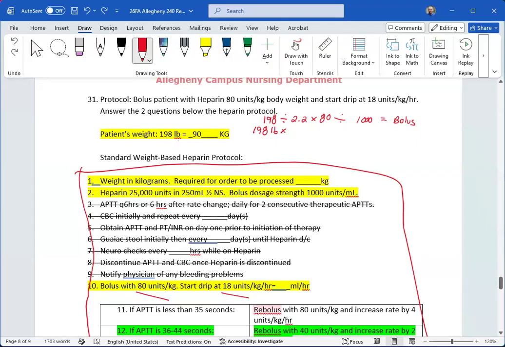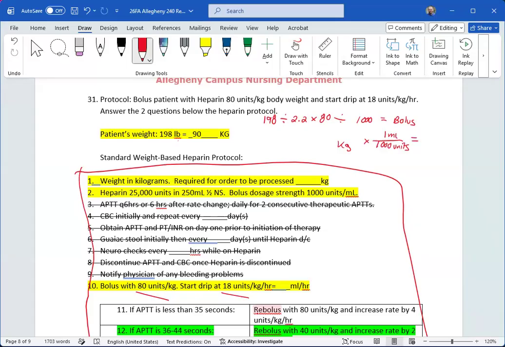So I'm going to take my 198 pounds times my 1 kilogram per 2.2 pounds times the 80 units per kilogram times the 1 ml per 1,000 units. I don't know why that's disappearing, guys. I apologize. It's like disappearing ink here for some reason. And then that's where we get our bolus.